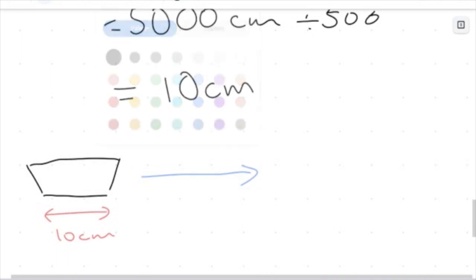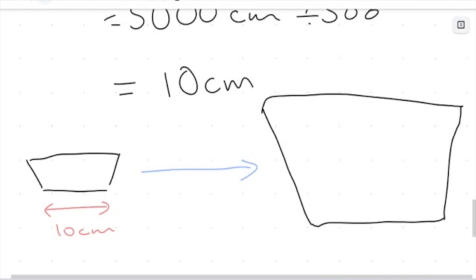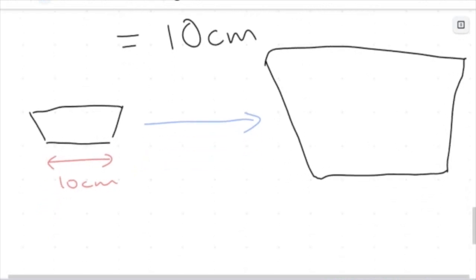Obviously, this isn't properly to scale. I would need much more than this portion of the page. If I were to measure my actual boat length from here to here, it would be 50 meters. And what tells us that? Well, the scale factor of 1 to 500.